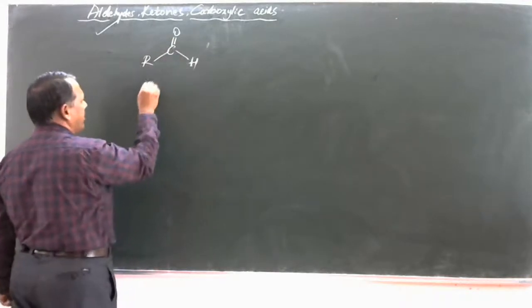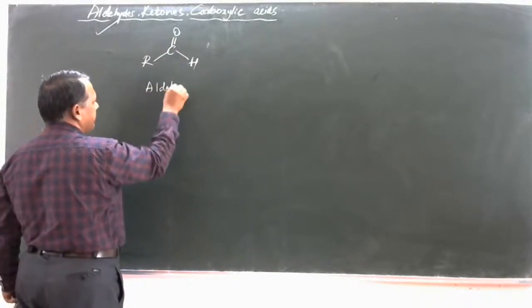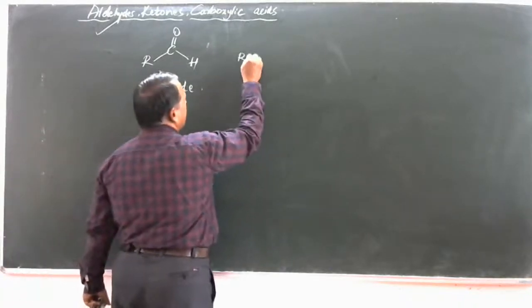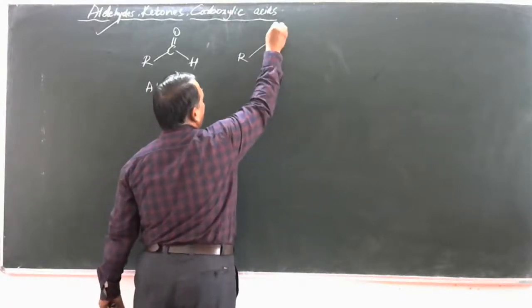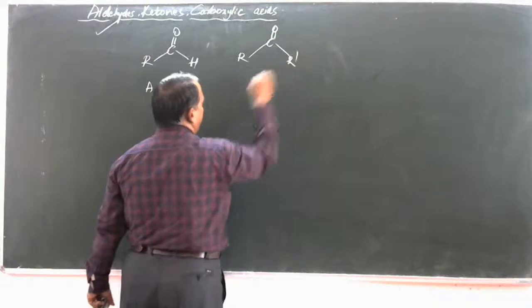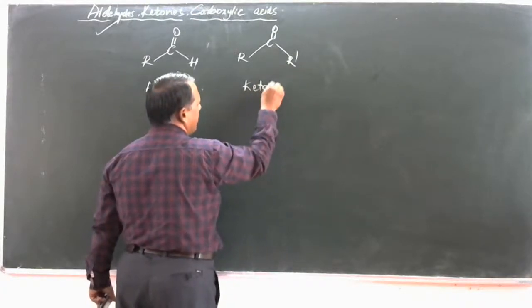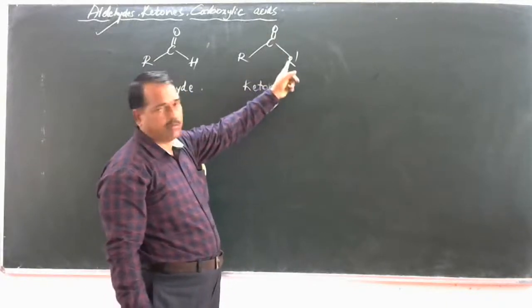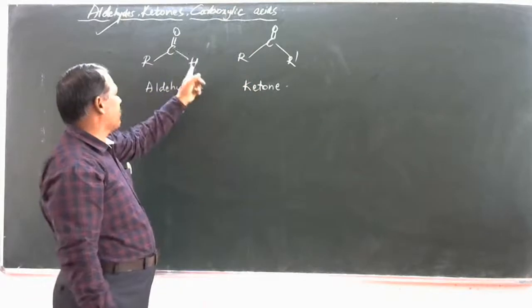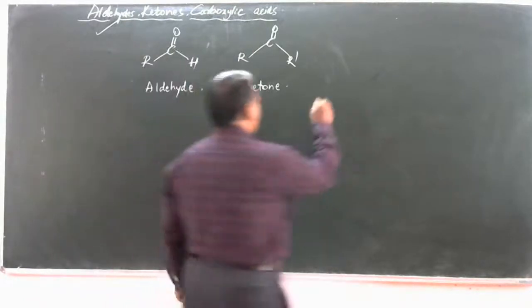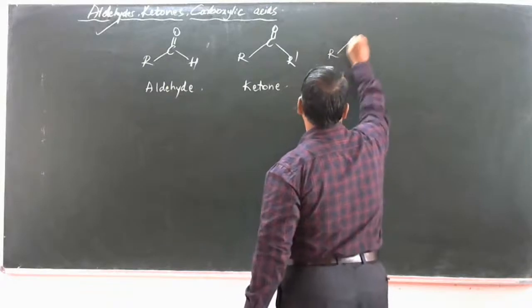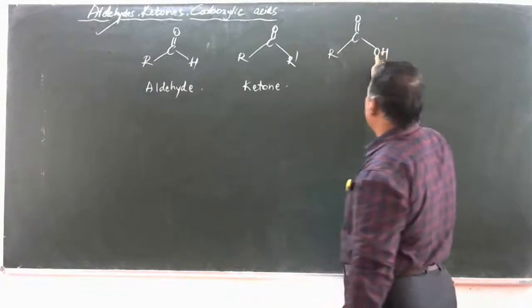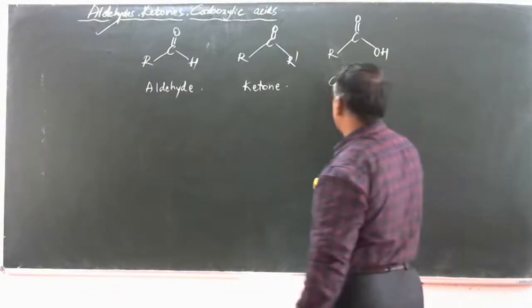Ketone is R-C double bond O-R'. The carbonyl group is attached to two other carbon atoms in a ketone, and to a hydrogen atom in an aldehyde. In carboxylic acid, R-C double bond O and OH, the carbonyl group is attached to an oxygen atom.